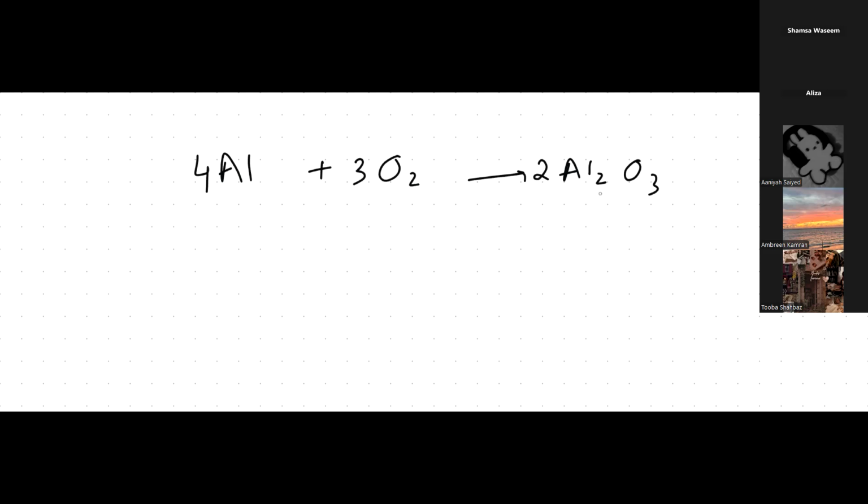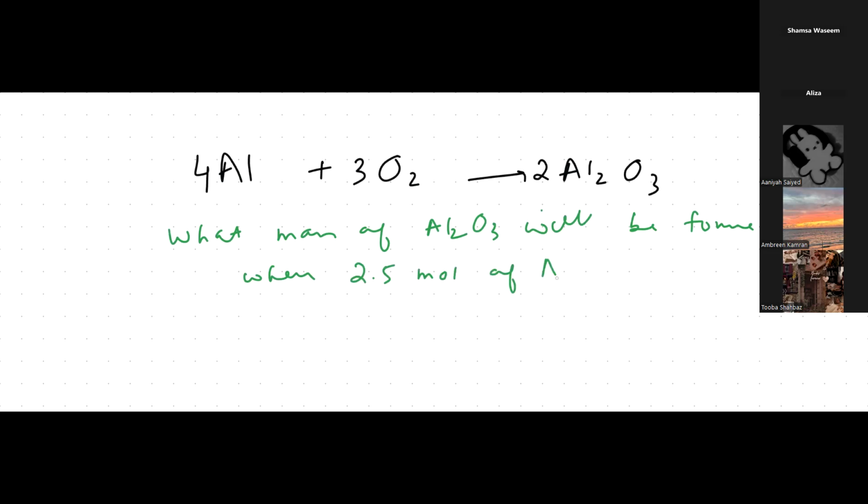Now look, my question is: what mass of aluminium oxide will be formed when 2.5 moles of aluminium burns in excess of oxygen?